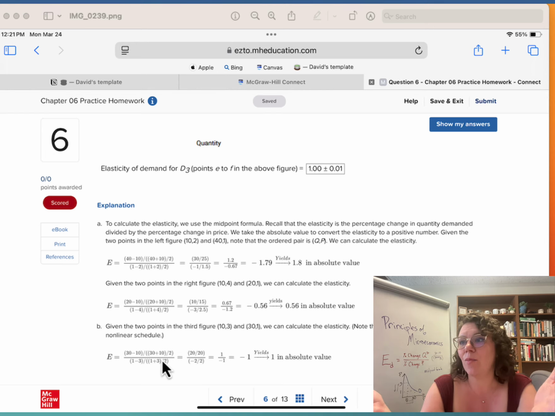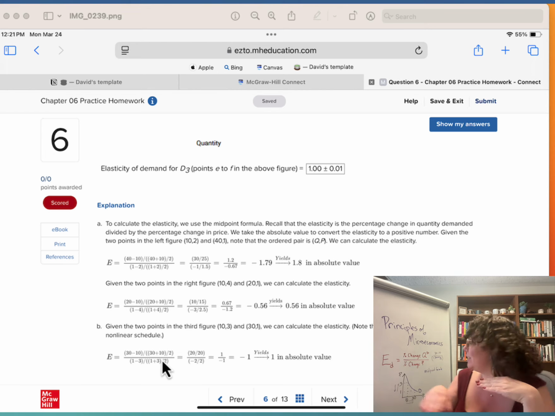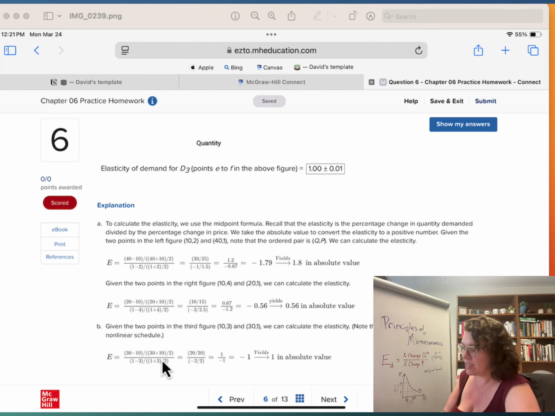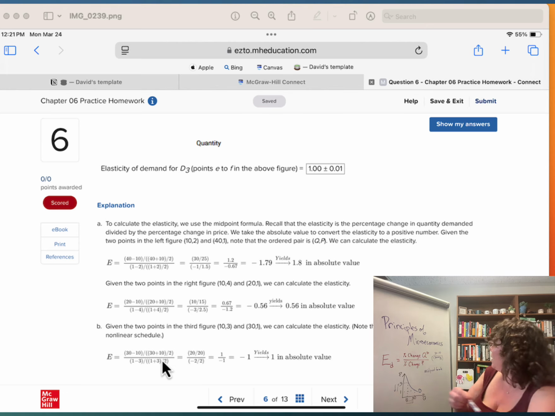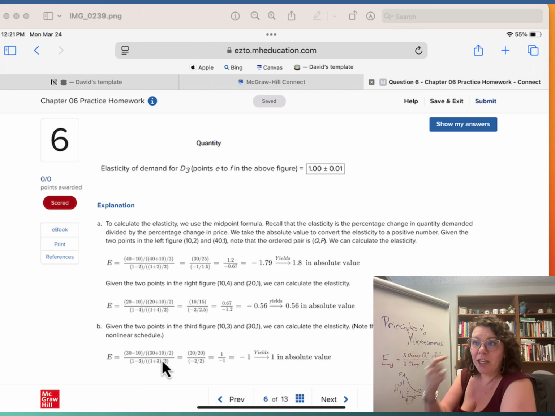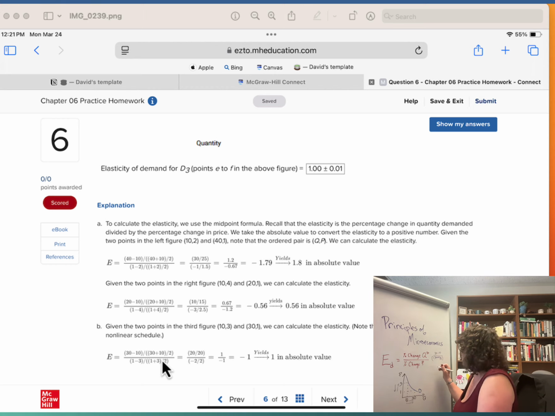And when we do it on the price, right, on the denominator, percent change in price, we're going to do the same thing. We're going to say that we want to calculate that percent change in price by finding the change in price, which is just going to be 1 minus 3 or 3 minus 1.